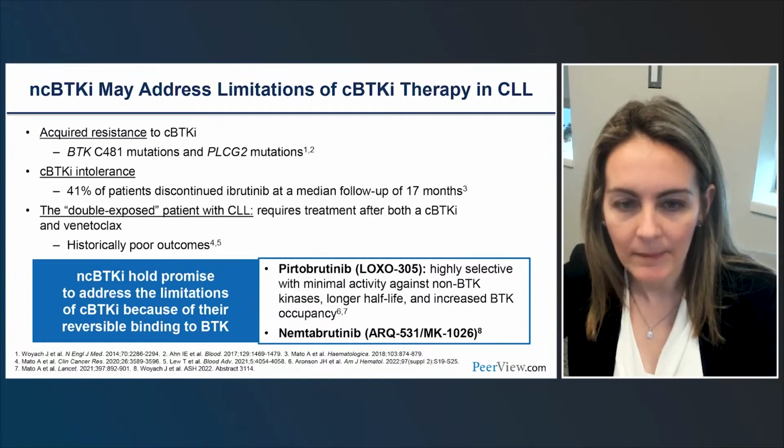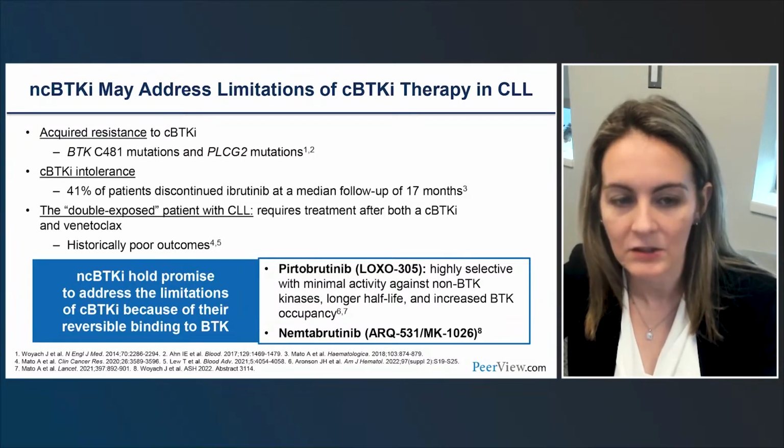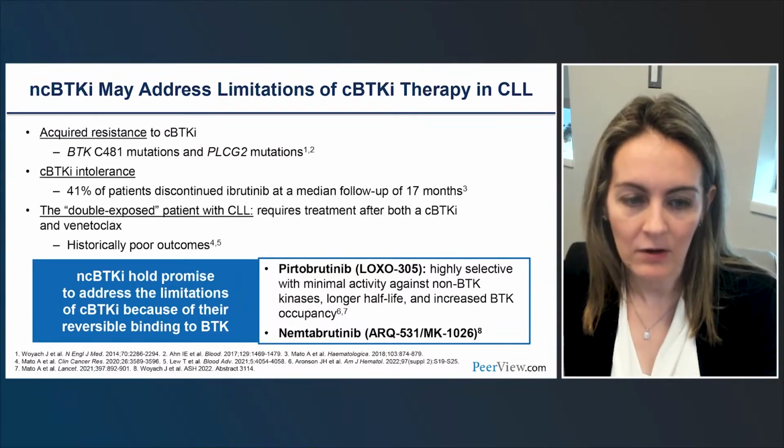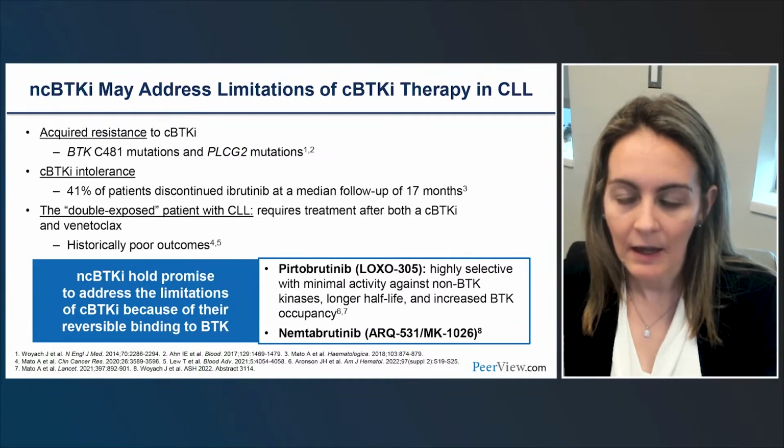This also is a promising treatment option for patients with double exposed or double refractory CLL, which we saw earlier in the presentation have historically poor outcomes. These agents bind reversibly to BTK, in contrast with the covalent inhibitors that bind irreversibly.